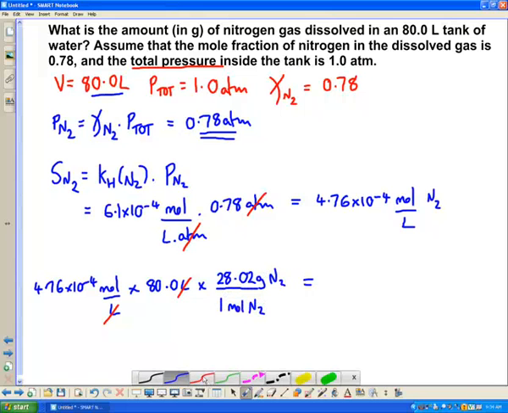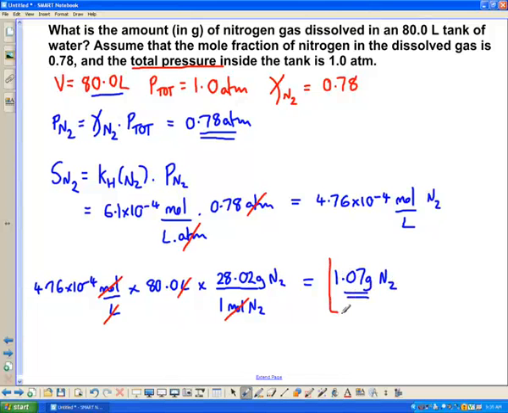Now let's just check. Moles, moles, and we end up with grams. And if we calculate all that out, what we end up with is 1.07 grams of nitrogen. What this means is, in that 80 liter tank, where the mole fraction of nitrogen is 0.78, the number of grams of nitrogen dissolved in that gas is 1.07.